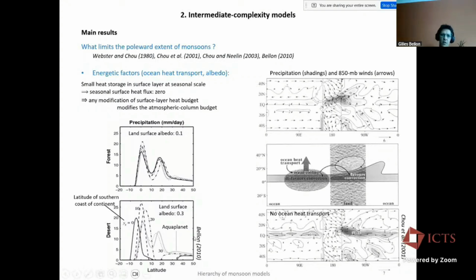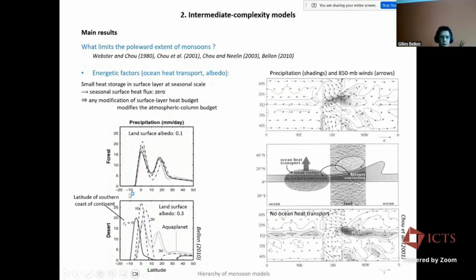Now, in the axisymmetric QTCM2, I'm showing the effect of albedo. It's somewhat indirect. I tried two different types of vegetation on a continent, going down to either the equator or 10 north or 20 north or 30 north, and I compare that with an aquaplanet simulation shown in gray here. If I have a very small land surface albedo, a continent covered with forest, the land albedo is going to be around 0.1.